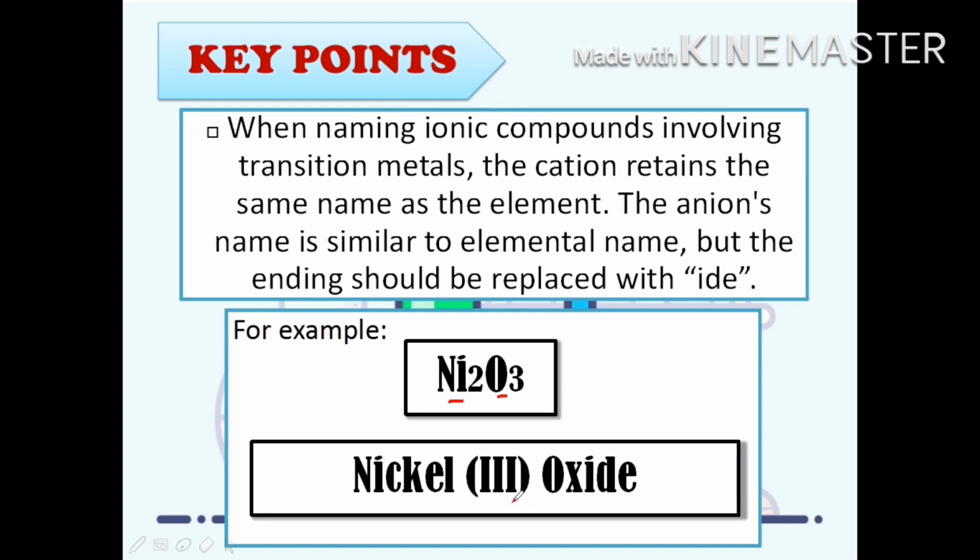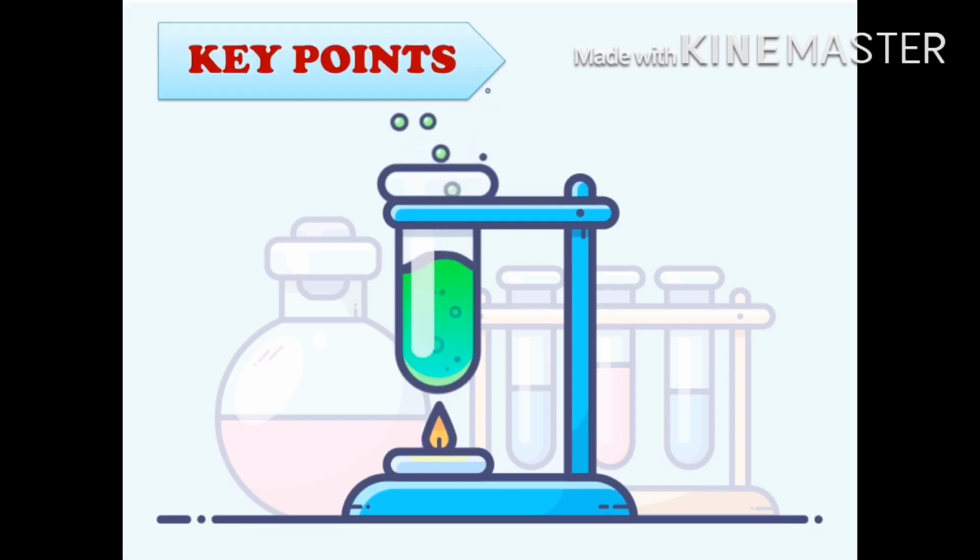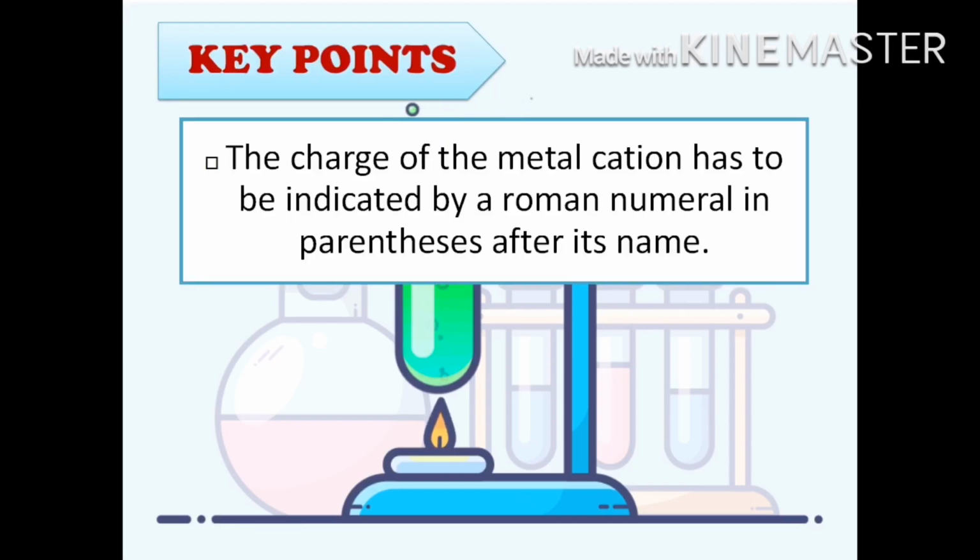Now why is there a Roman numeral 3? This will be our next point. When naming ionic compounds involving transition metals, the charge of the metal cation has to be indicated by a Roman numeral in parentheses after its name. This is because transition metals form ions with different charges.